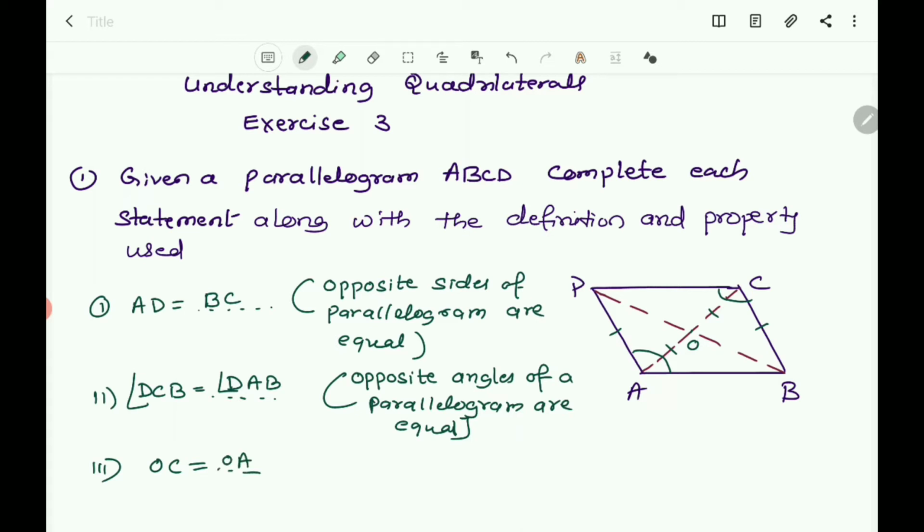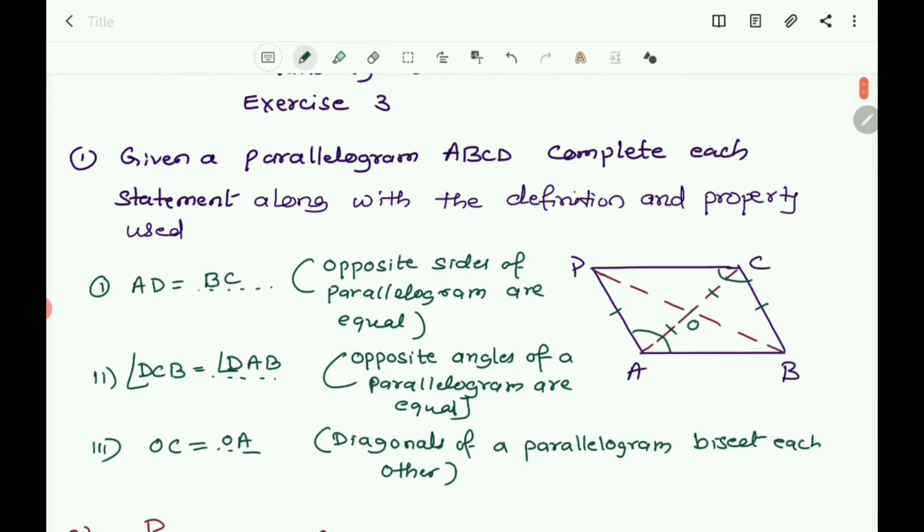Why OC is equals to OA? Diagonals of a parallelogram bisect each other. One of the diagonals bisects the other diagonal.